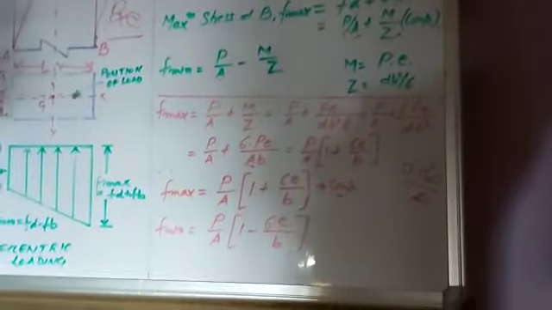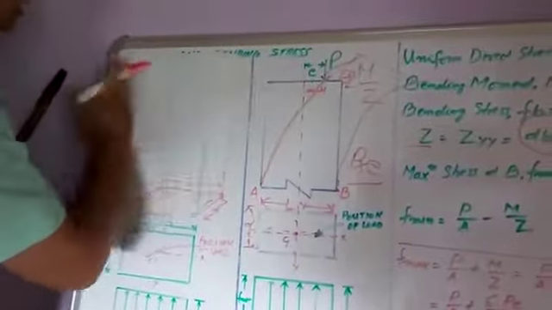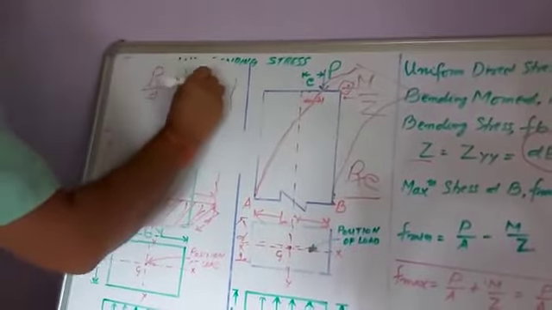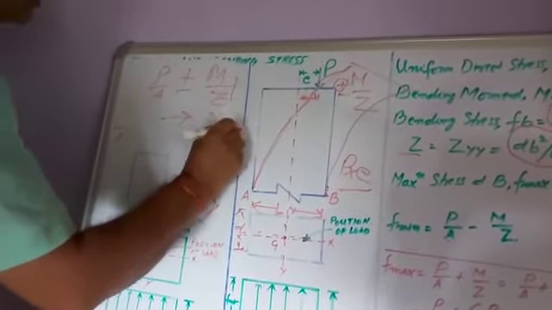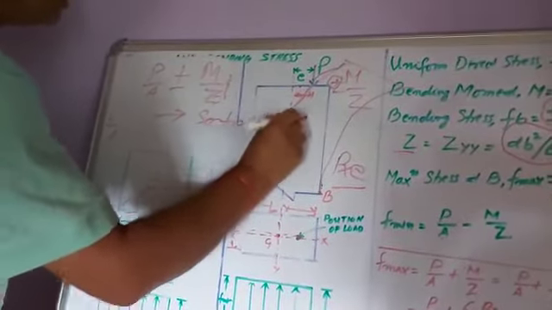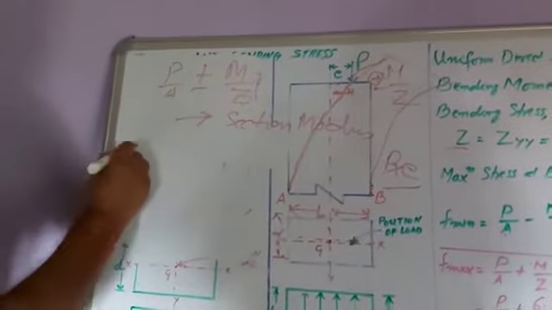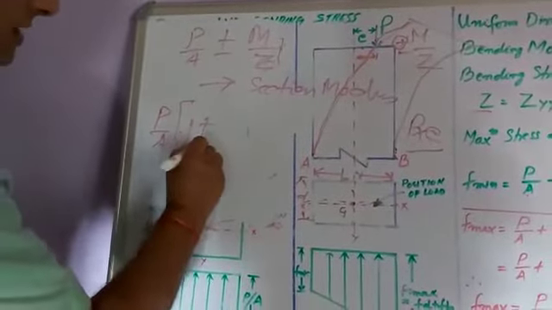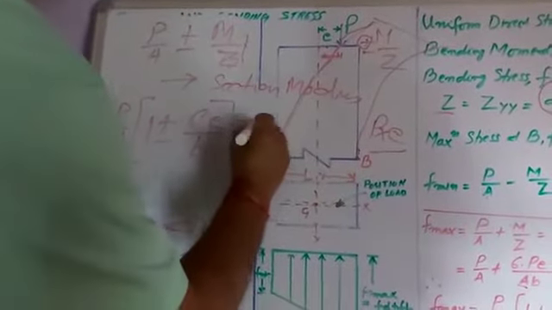The thing you have to remember is that combined stress is equal to P by A plus minus M by Z. This we can write in terms of section modulus, or we can write the combined stress as P by A into 1 plus minus 6E by B. This we can write in terms of eccentricity.